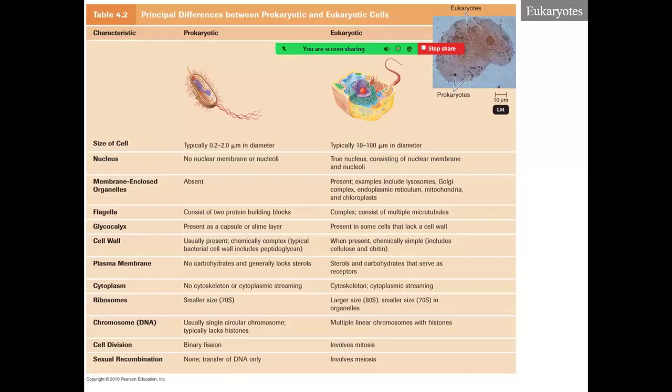The cell divides by binary fission, usually by parthenogenesis. And in most eukaryote cells, they reproduce by meiosis, sexual reproduction and meiosis.